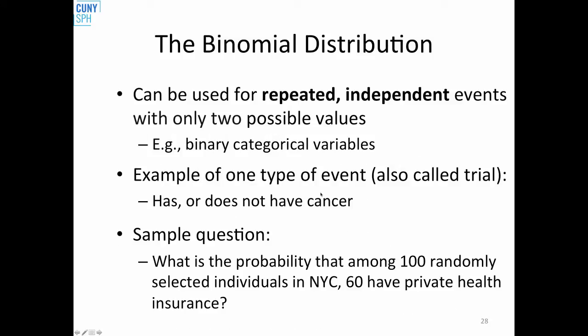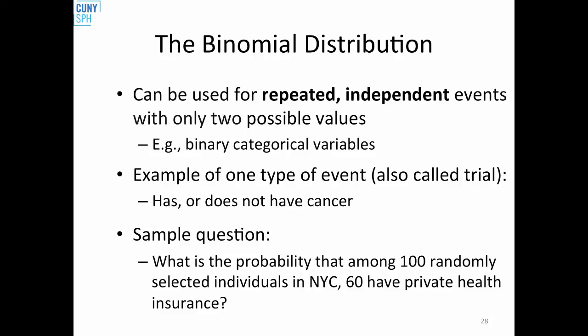What about the binomial distribution? We're going to talk now about binary variables and use the binomial distribution to describe repeated independent events that can only have two possible values, such as a coin flip or having cancer or not having cancer.